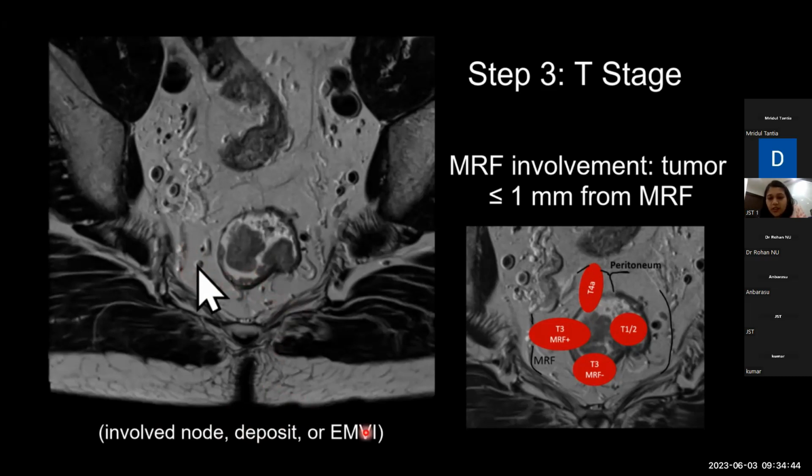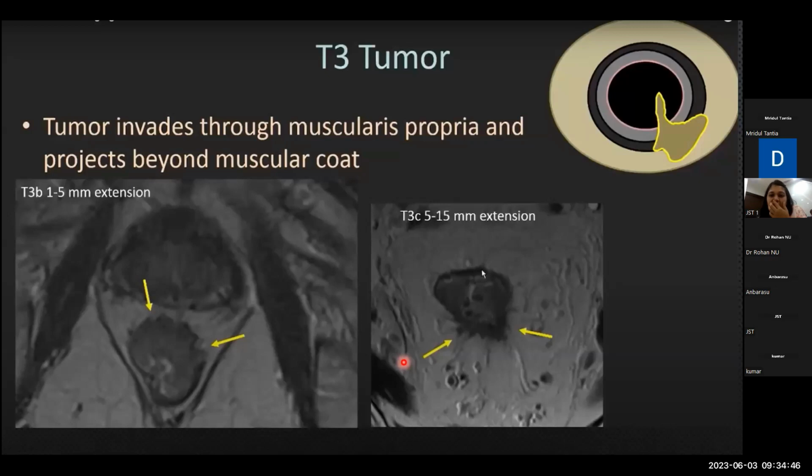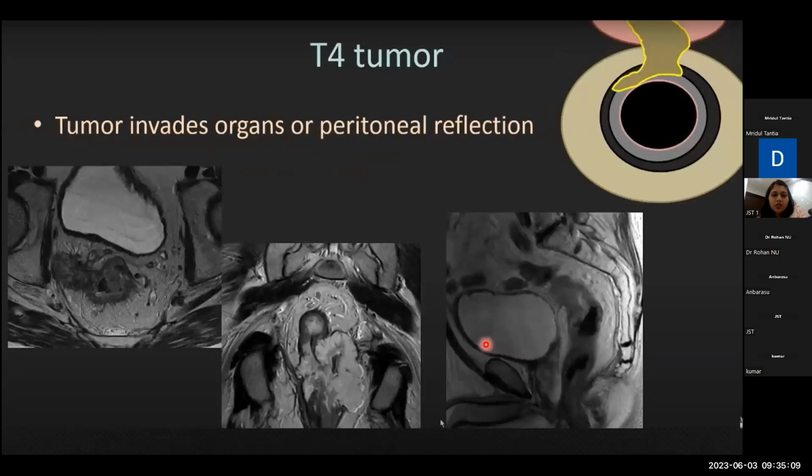The next would be, I'll explain just the T3 tumor, an example of it. So no T2 hypointense line can be seen here, so it is definitely a T3 tumor. Defining it further will require us to measure the distance from the muscularis propria to the outermost edge of the tumor. Now this again confuses us with the desmoplastic reaction.